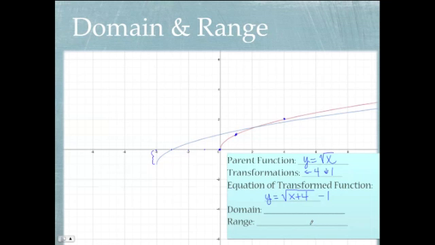Now, a lot of times our domain for the functions that we've done in the past have been negative infinity to positive infinity. However, notice for this one that's not the case. Our smallest value for our x is -4. So our domain starts at -4 and continues into positive infinity.